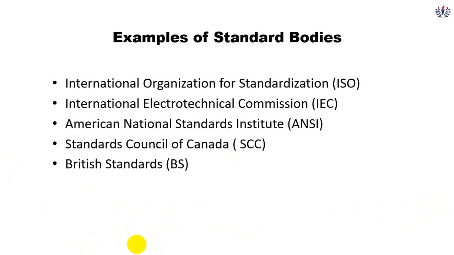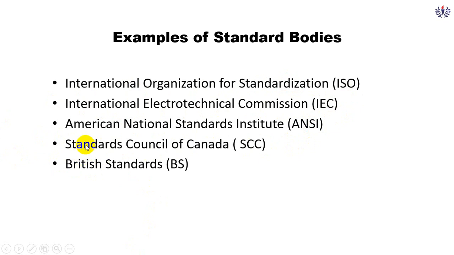So some examples for international standard bodies: you can name the International Organization for Standardization, that is ISO. Then the International Electrotechnical Commission, that is IEC, that is the second one. The third one is the American National Standards Institute, that is ANSI.